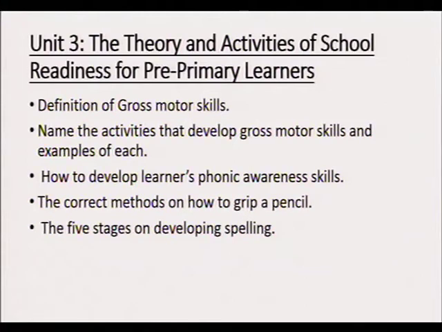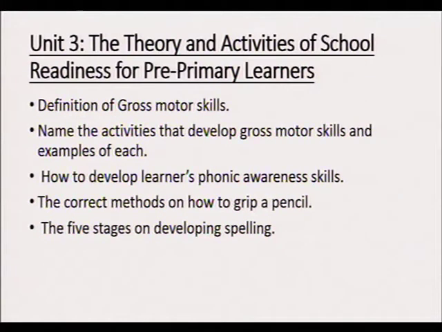Unit 3. The theory and activities of school readiness for pre-primary learners. Definition of gross motor skills. Know the definition of gross motor skills. Name the activities that develop gross motor skills and examples of each.